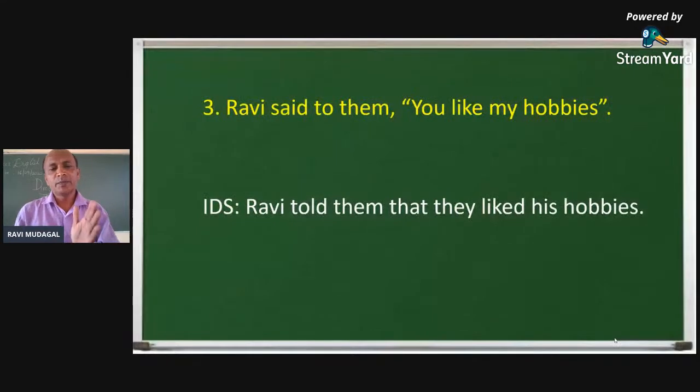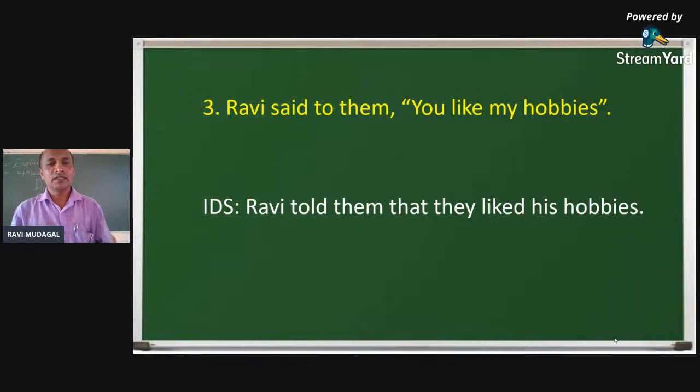Here you need to notice some important words. Ravi said to them: when we change from direct speech to indirect speech, said to is changed to told. Then, in "you like my hobbies," you belongs to them, and my belongs to Ravi. You need to understand this first.